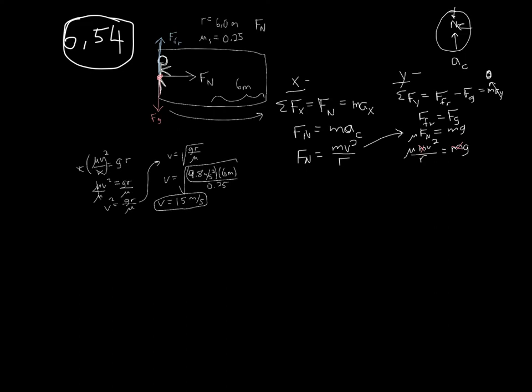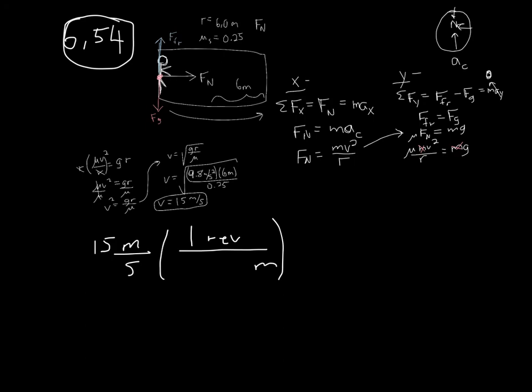Revolutions per second. How do I convert a meter into a revolution? This is a conversion factor. So 15 meters per second. I need to figure out how many meters there are in one revolution. How do you trace the distance around a circle? What is that called? Circumference.